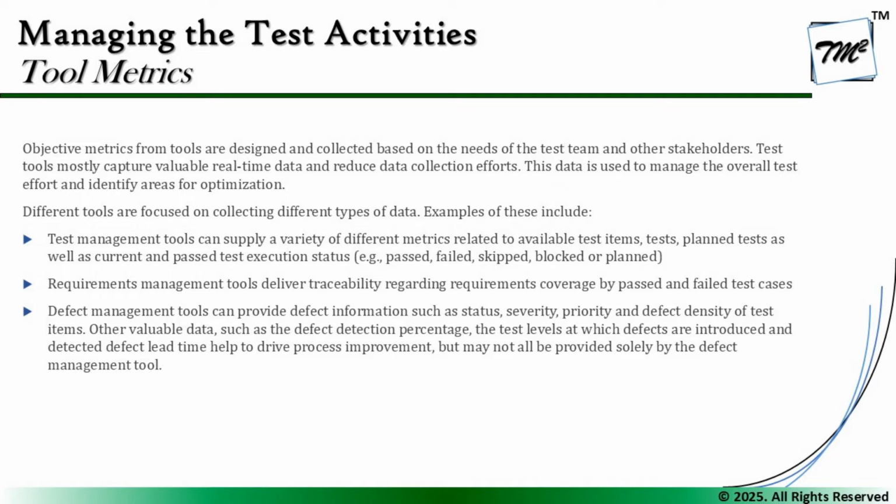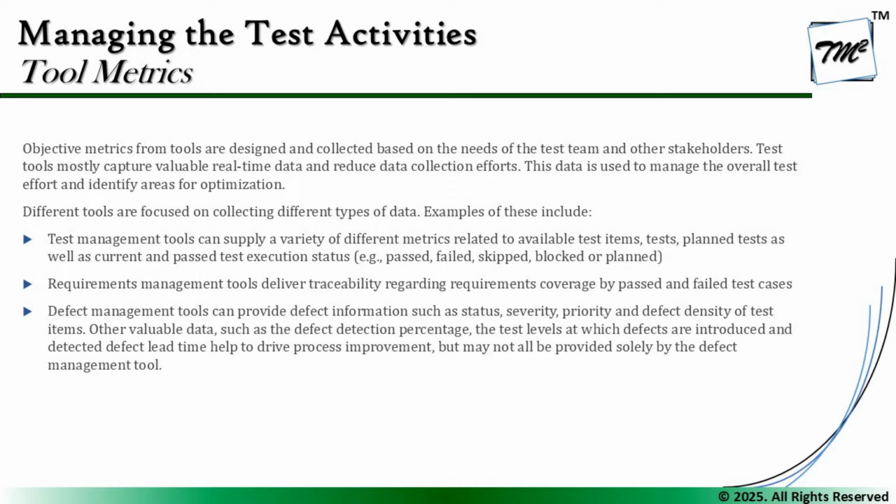Similarly, the next one we have is the requirement management tools, and the expectation from this requirement management tool is to deliver traceability regarding requirement coverage by passed and failed test cases. The third is the defect management tool. Indeed, we all know we have very important data to be collected by this tool.